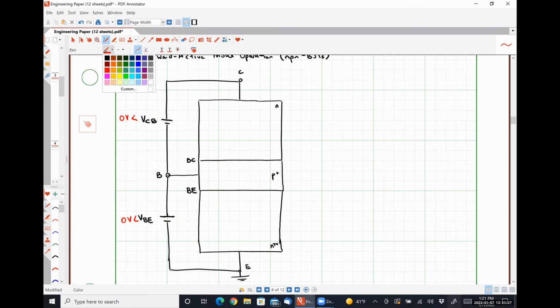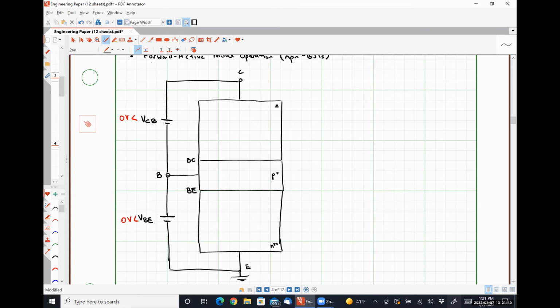So if we draw, I'll do these in gray. Let's say that VBE is somewhere in the ballpark of 0.7 volts, which would be enough to turn that junction fully on.